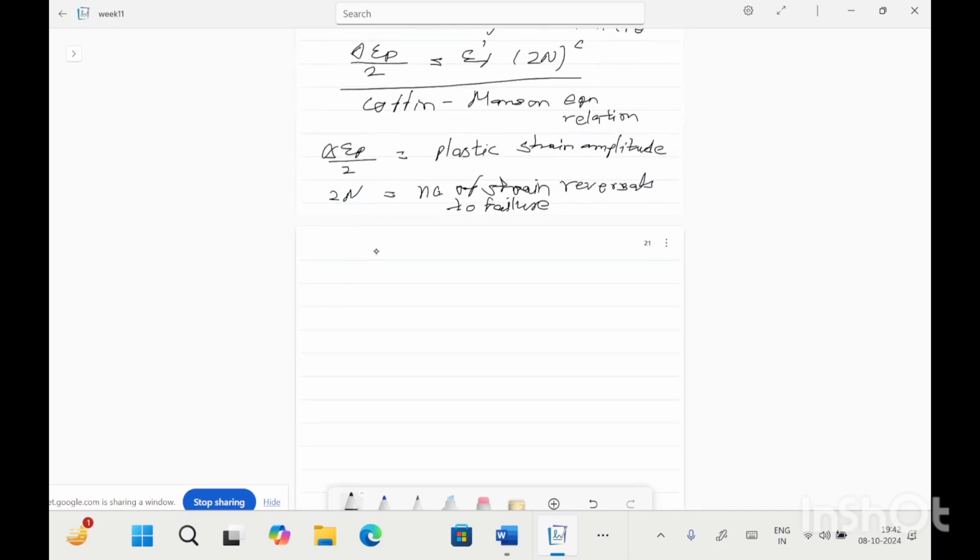One cycle means 2 reversals, and epsilon f dash is the fatigue ductility coefficient.